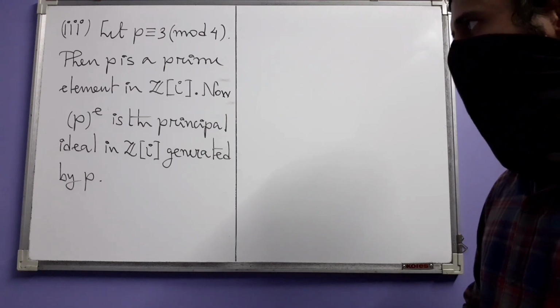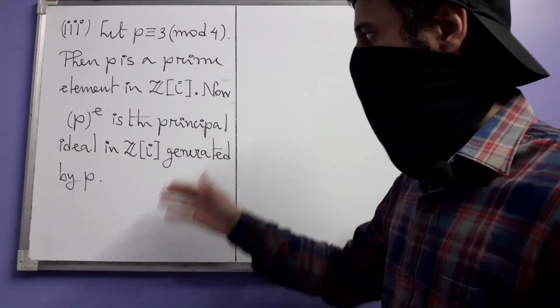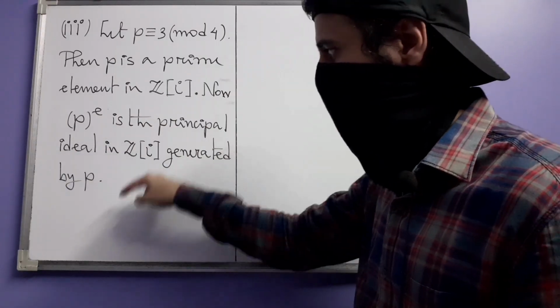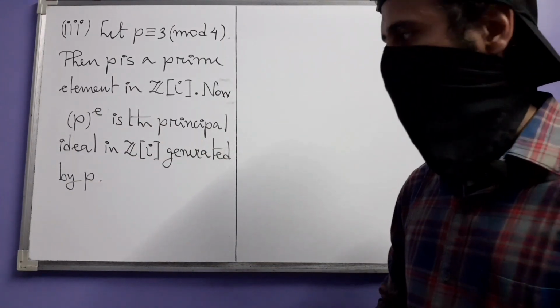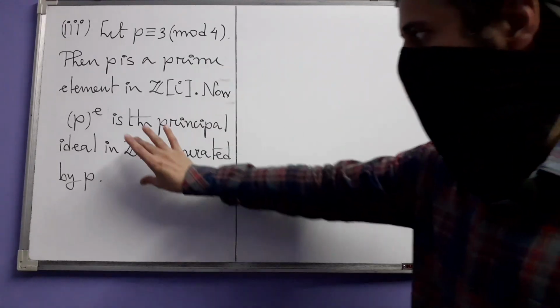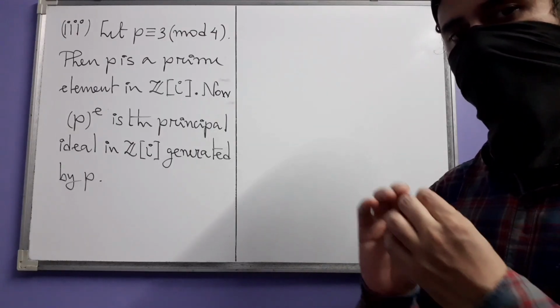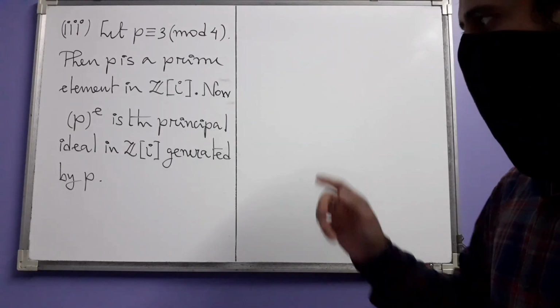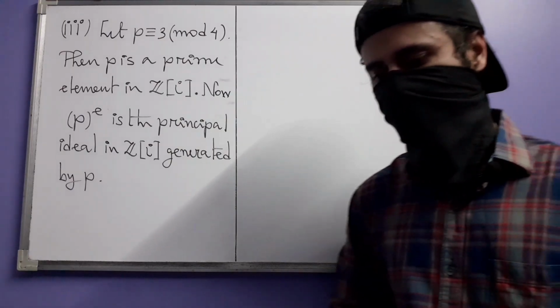Okay, but then how is it that this is a prime ideal? Because it is being generated by a prime element in Z[i], and prime elements generate maximal ideals in a Euclidean ring, and those maximal ideals are automatically prime ideals. That is why. And with this, let me just end this video.